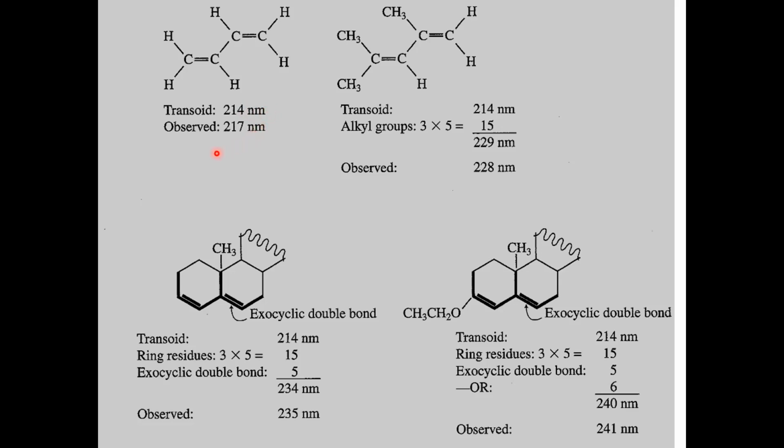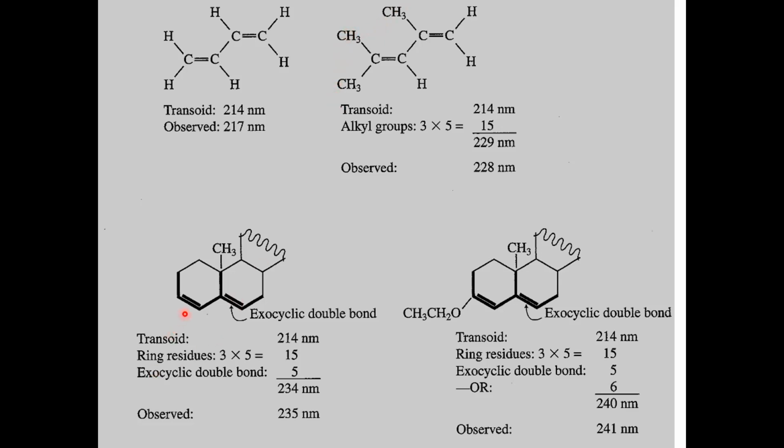The observed value, which is practically obtained, is also very close, about 217. In this example, we have additional alkyl substituents on the diene ring system, which will increase the wavelength of maximum absorption by 15, 5 for each alkyl group in this transoid or heteroannular diene.